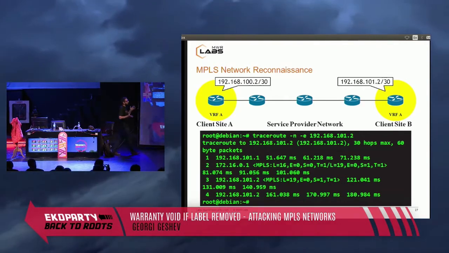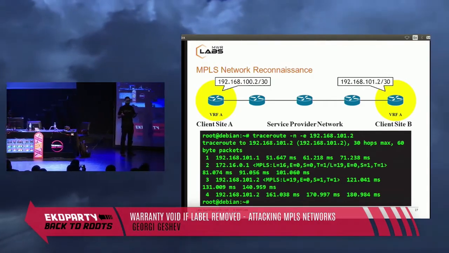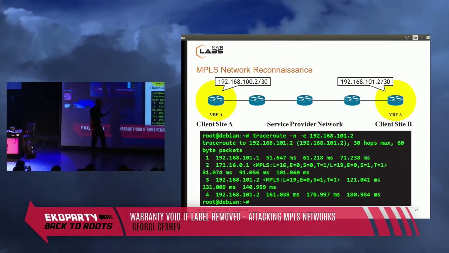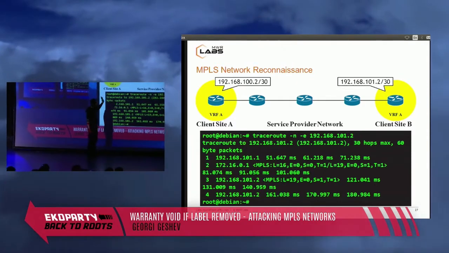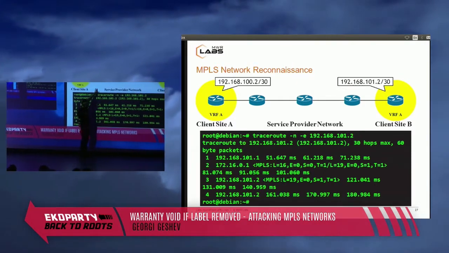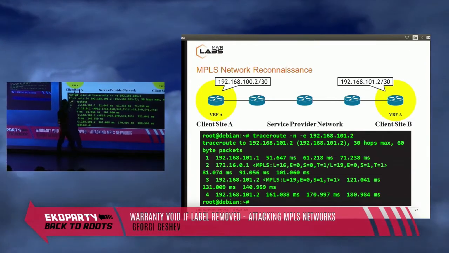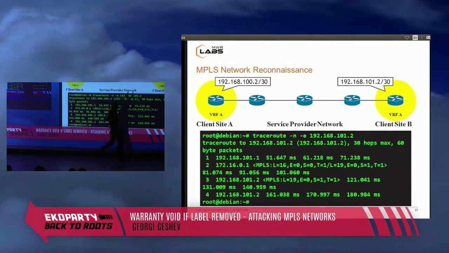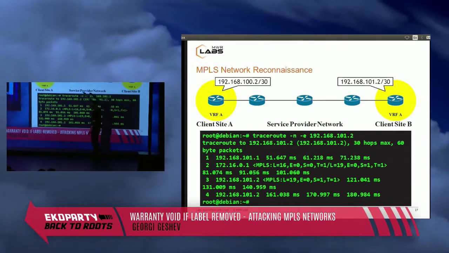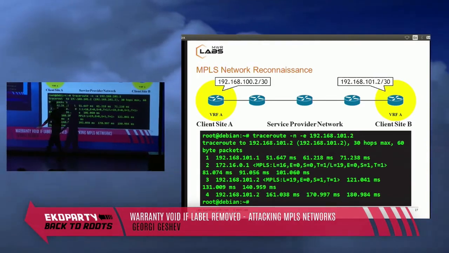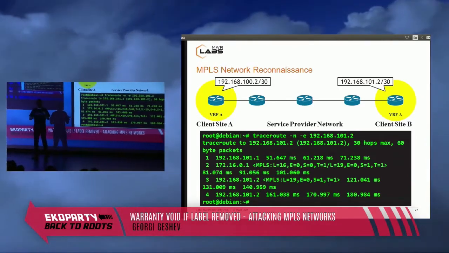When you have IP TTL propagation and ICMP tunneling enabled, TTL propagation needs to be enabled at the edge of the network, and ICMP tunneling needs to be enabled all along the whole LSP, on all of these devices.